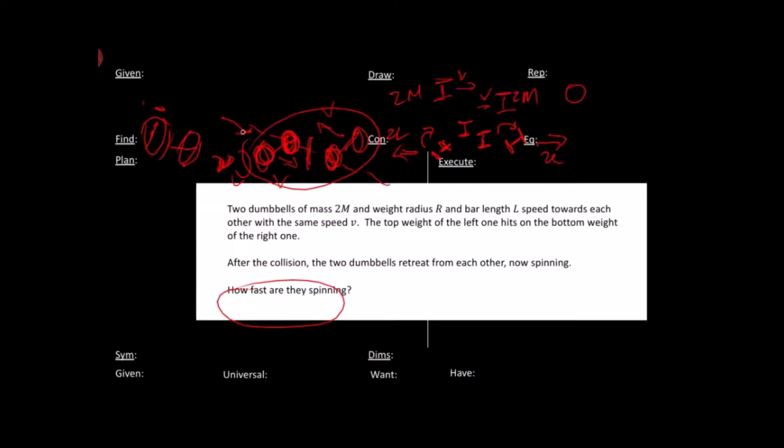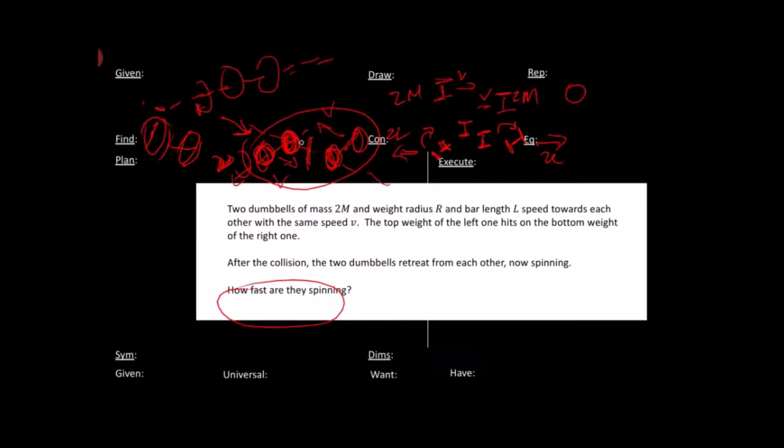So this guy's going to come out spinning around this axis, right? So we've got our dumbbell, and when it's just moving along, it's spinning around this axis. So its spin angular momentum, its intrinsic angular momentum, is along this axis here.